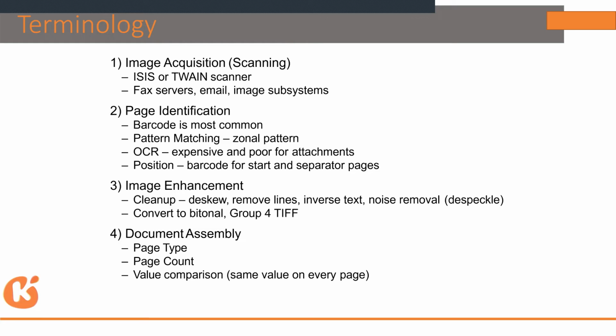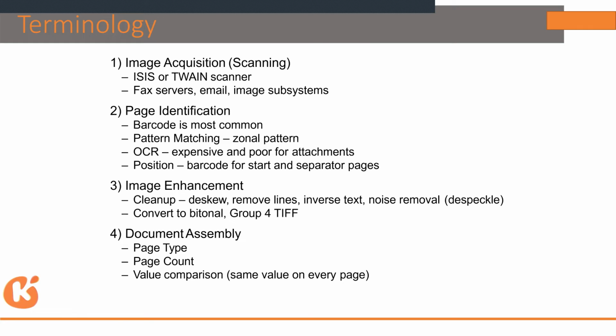Then I'm going to document assembly. Document assembly is, for example, when you have scanned an account opening form in the DataCap system and the form has a number of pages. If your account opening form has 3 pages, maybe the first page has the whole data and the other 2 pages you can treat as attachments or trailing pages.